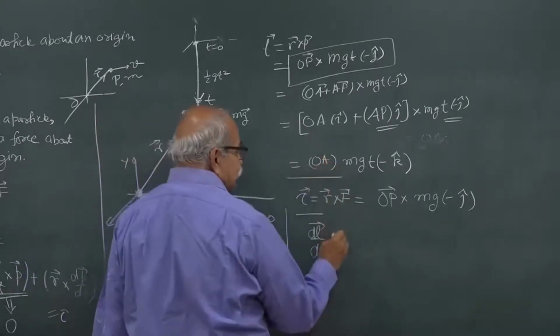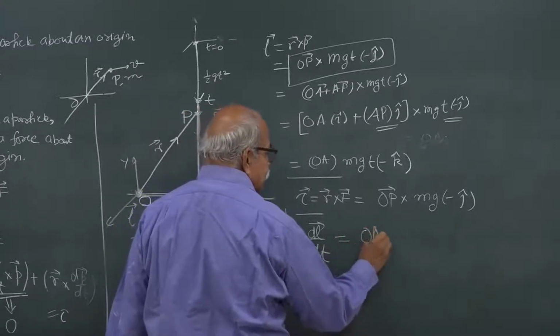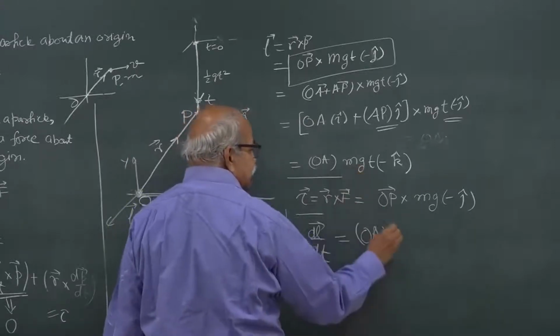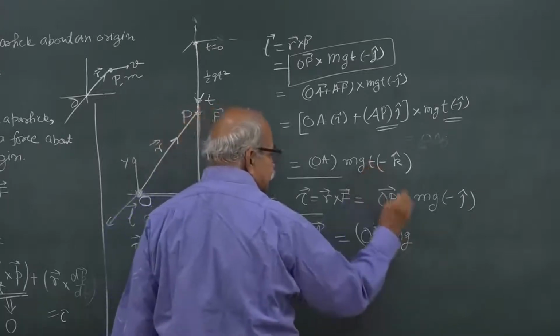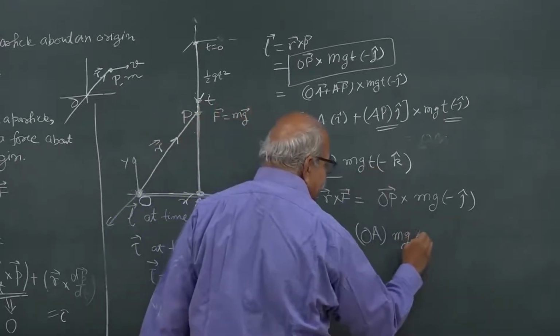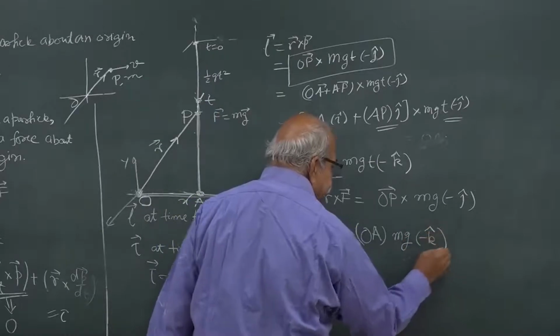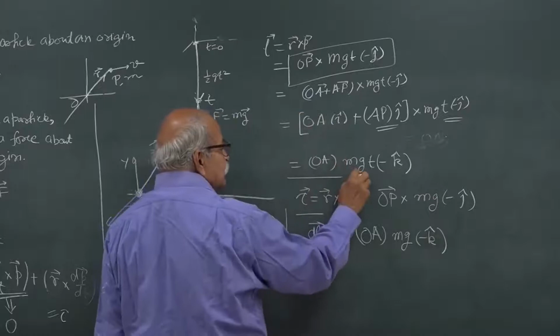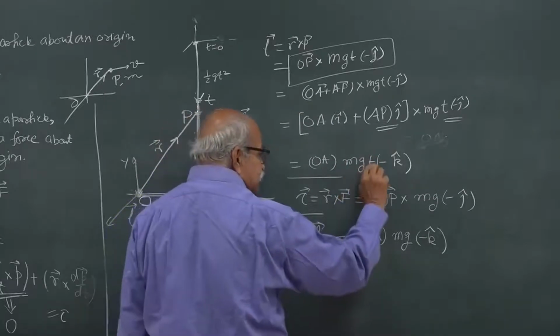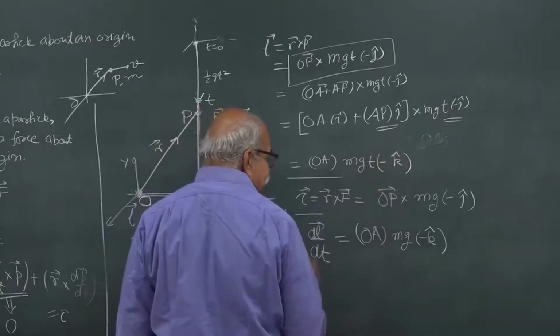OA is fixed. So, this is OA, and then mg is fixed, and differentiate with respect to time. So, it is 1. So, it is minus k cap. So, OA into mg and then differentiated here minus k cap.